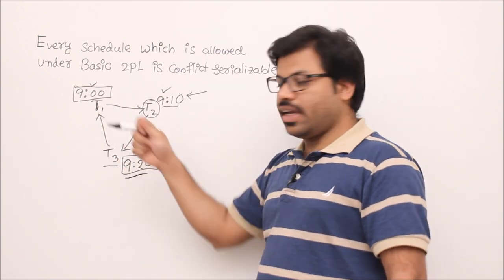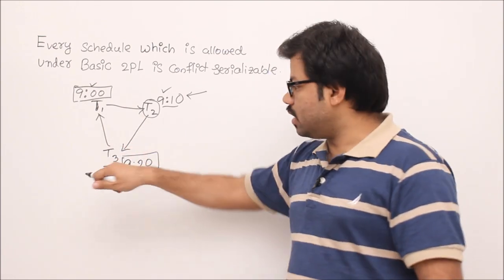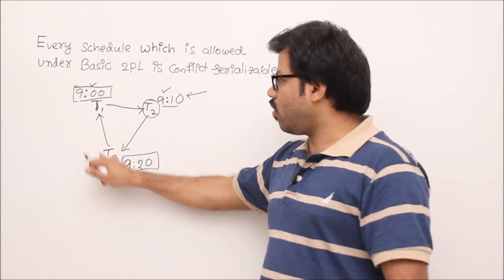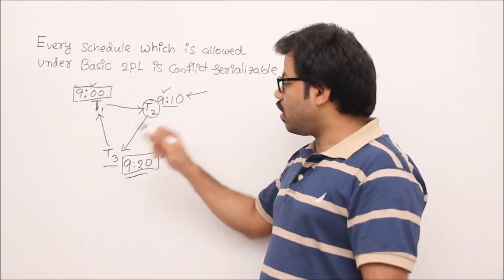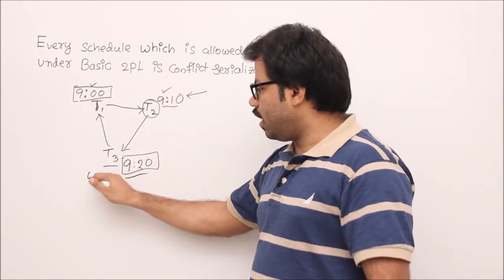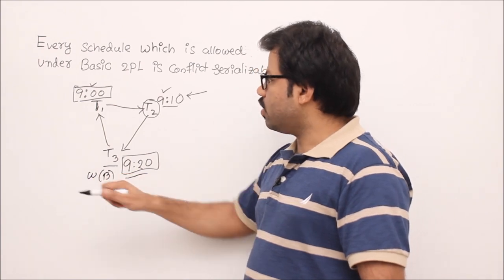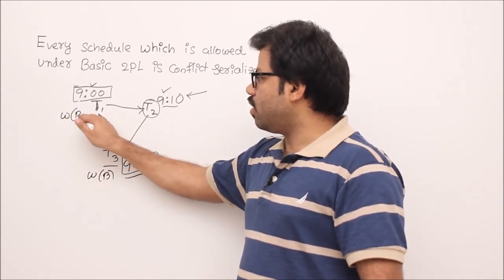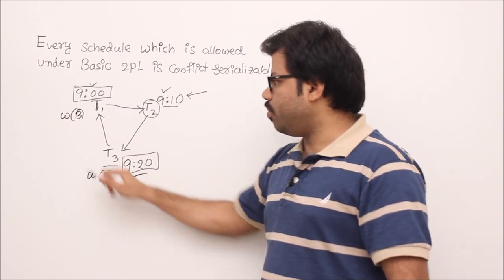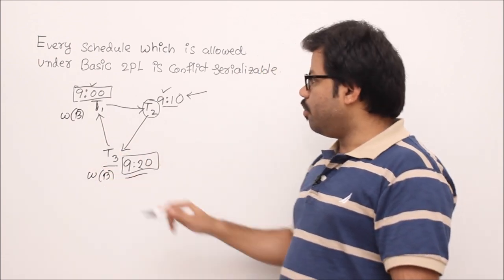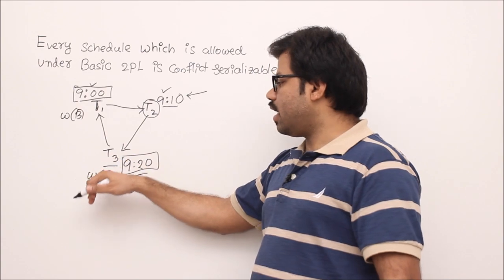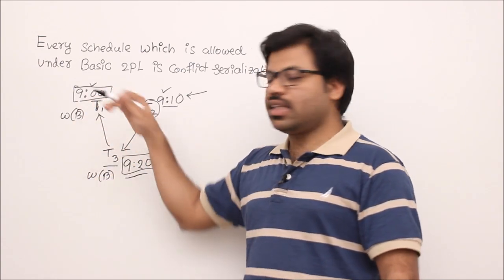T1 has to take the lock released by T3 because there is one conflicting operation, let's say write of B. T1 also has write of B, which is a conflicting operation, but in the schedule T3's write is first, after that T1, that's why there is an edge.